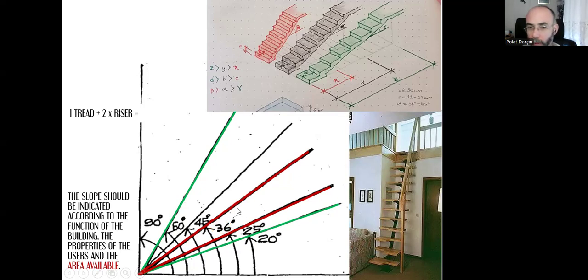And there is this formula that we can use. We can have one tread and add two risers to it, and we want it to be between 60 to 64 centimeters. If we use this formula, then our riser height and tread width will be proportional, and the stair slope will be between 25 to 36 degrees.